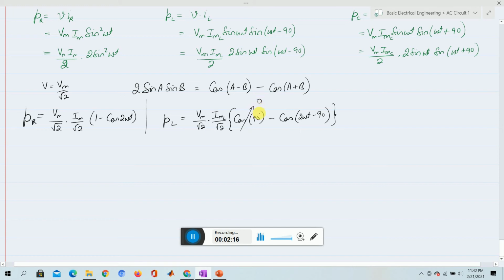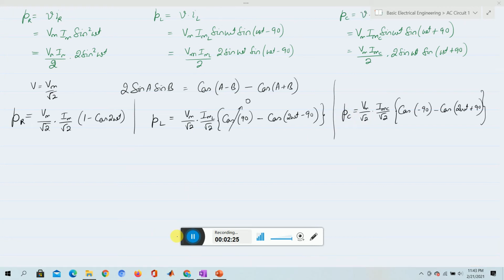Similarly we can write for the power across the capacitor. We got cos of minus 90 because of A minus B, omega t minus omega t plus 90, but this term will lead to 0 because it is cos of 90, and you are left with minus cos of 2 omega t plus 90. So we got all the values, so let me rewrite again.